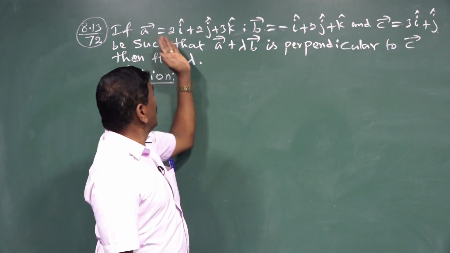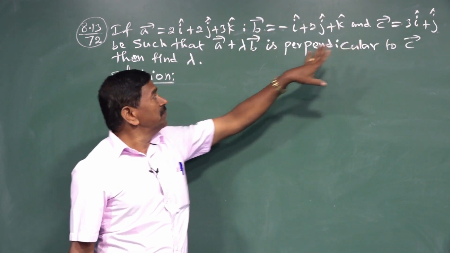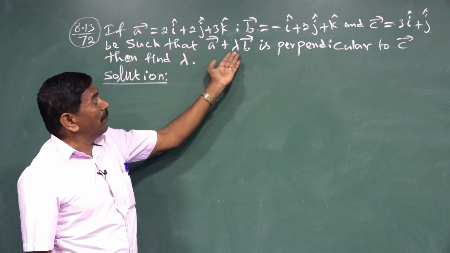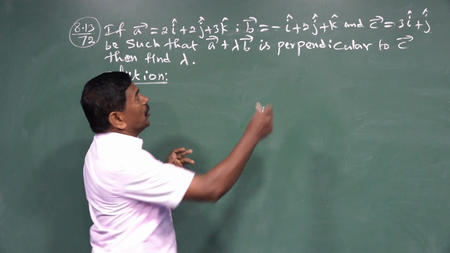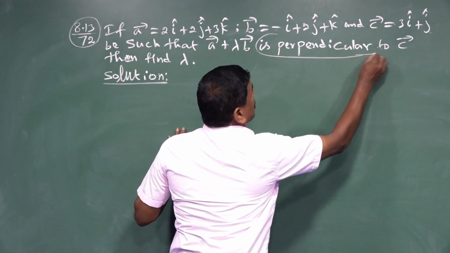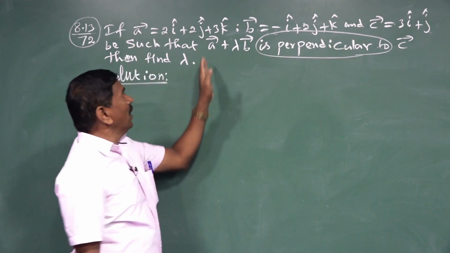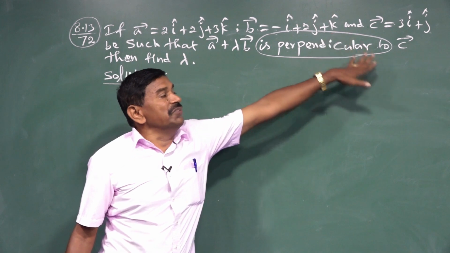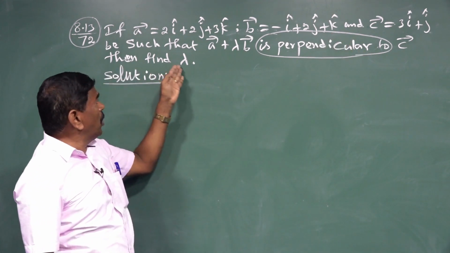Here a vector, b vector, c vector are given. Be such that a vector plus lambda into b vector is perpendicular to c vector. Then find the value of lambda.